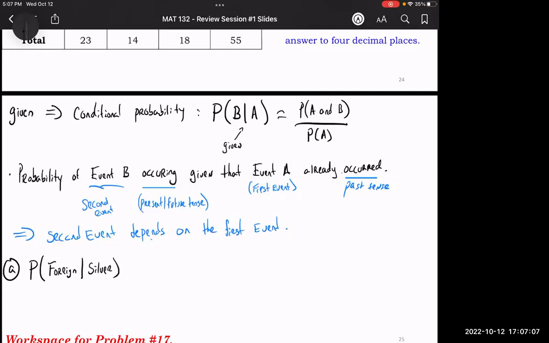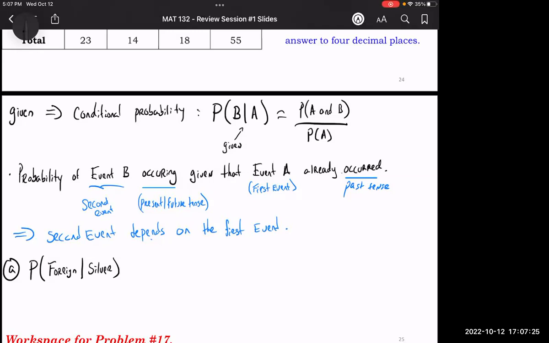And I can use this notation. This is all fair game because if you look at the word given, anything that happened in the past comes after the word given. Any word or phrase that's before given, that's what we're trying to figure out.